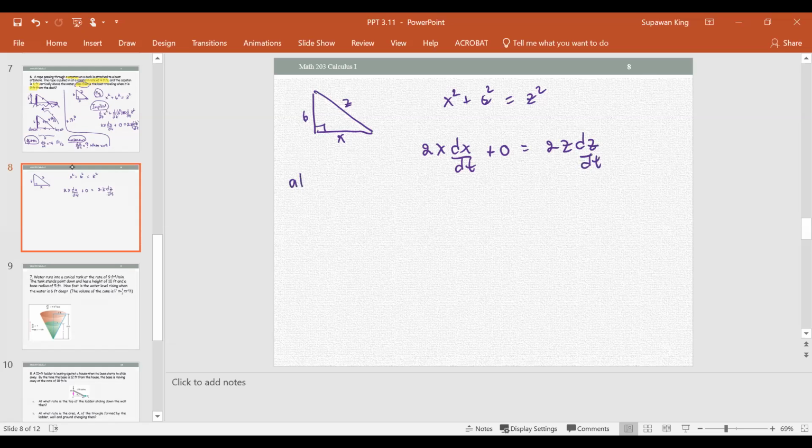So at x equals 9, we have the diagram with 9 here, 6 here. We're going to find out what z is. By the Pythagorean theorem, z is the square root of 6 squared plus 9 squared, because z is the hypotenuse.